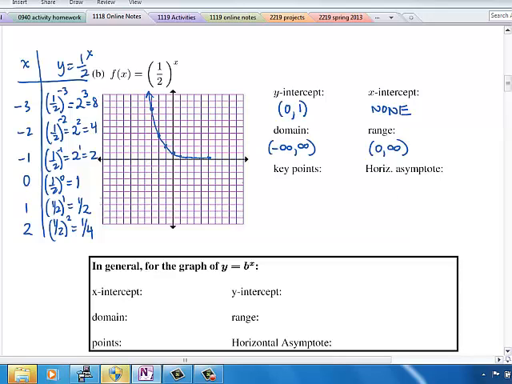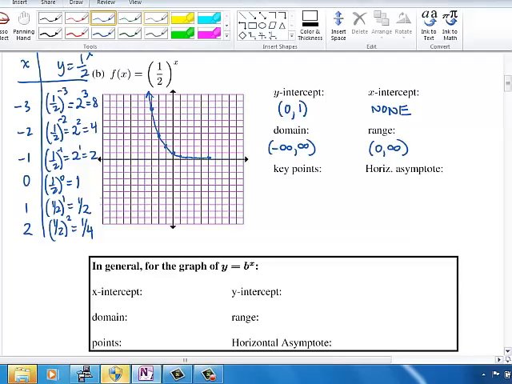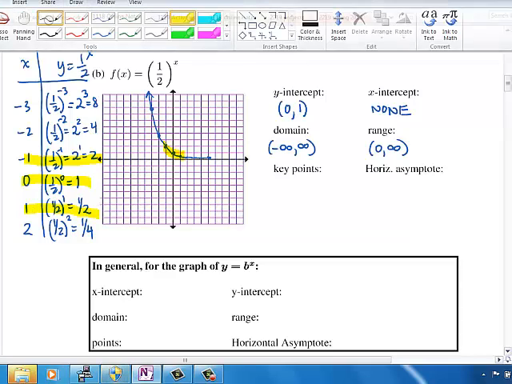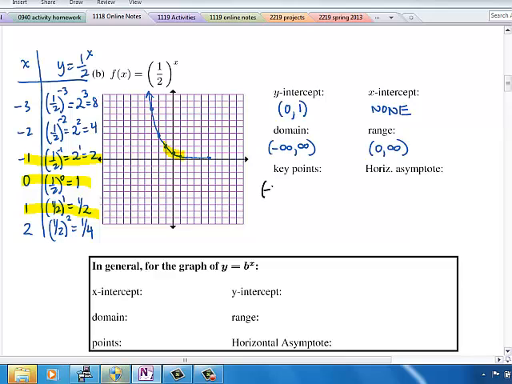And our key points are going to be right in this interval again. So we're going to take, with x values -1 and 0 and 1, the y values are different this time, but what I'm really interested in is keeping these x values for my key points.